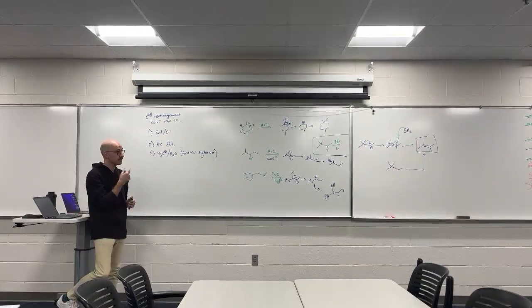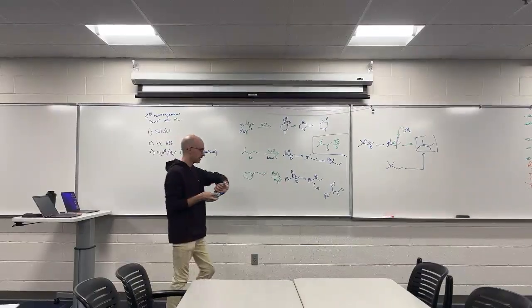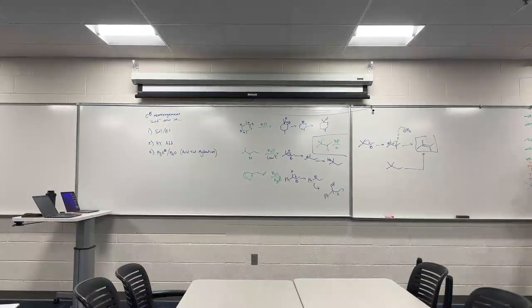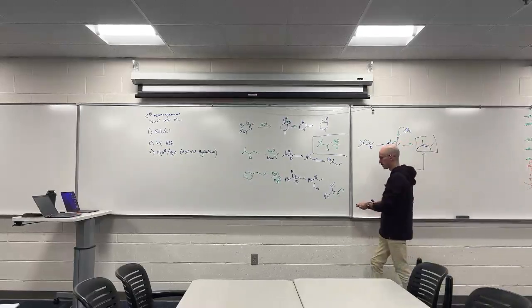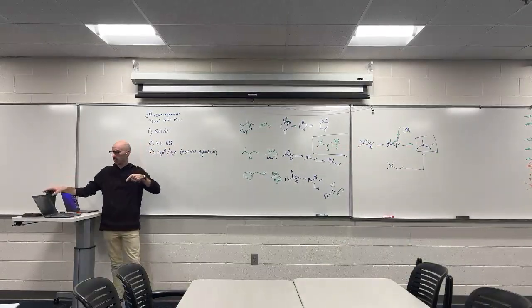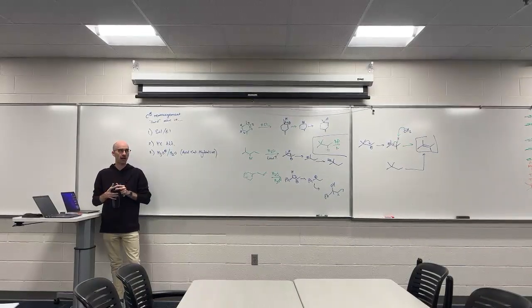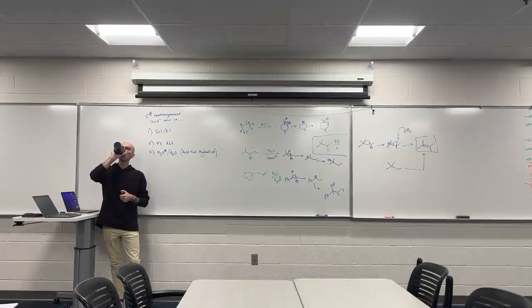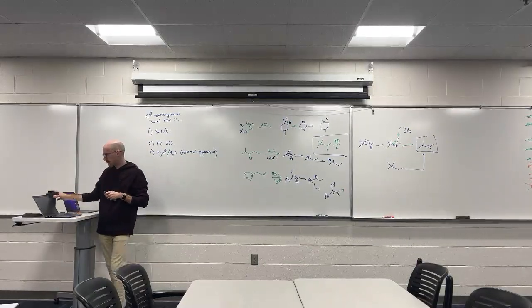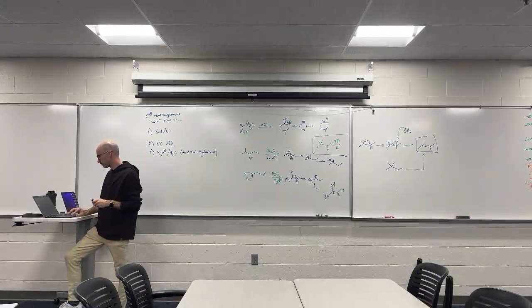Okay. The last thing is ranking pKa's. Now, I forget whose question this was. Was there any specific context you wanted to look at it in? It was from the summer final. There's that question we had on there. There was an alcohol adjacent to a carbon that had a fluorine on it, I think, and then an alcohol in the middle.